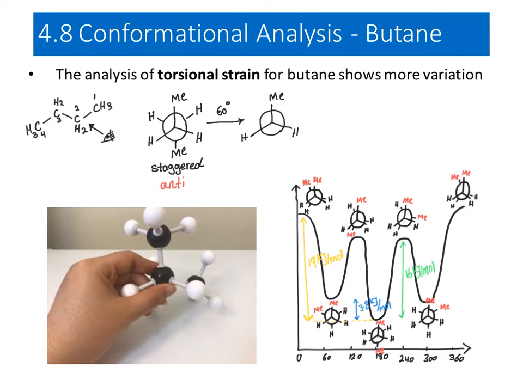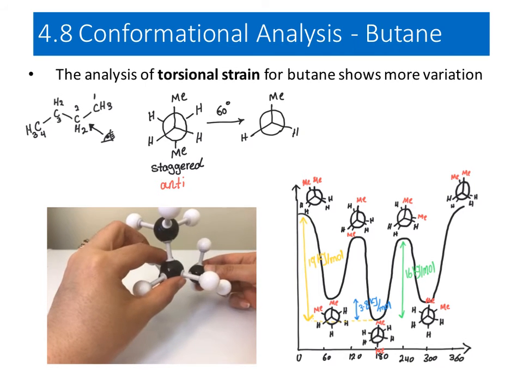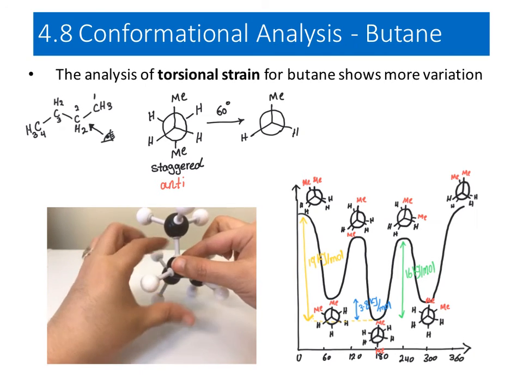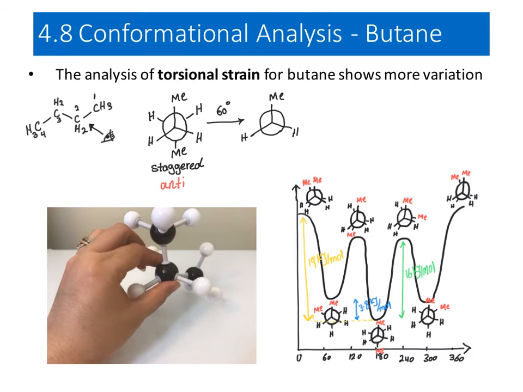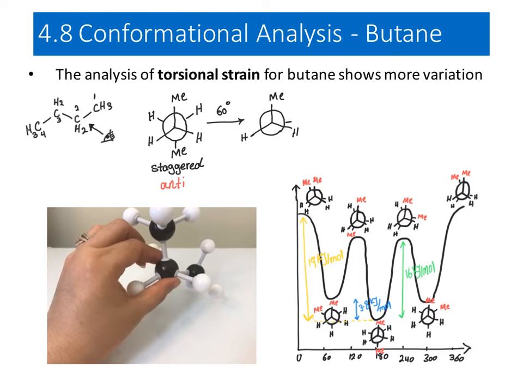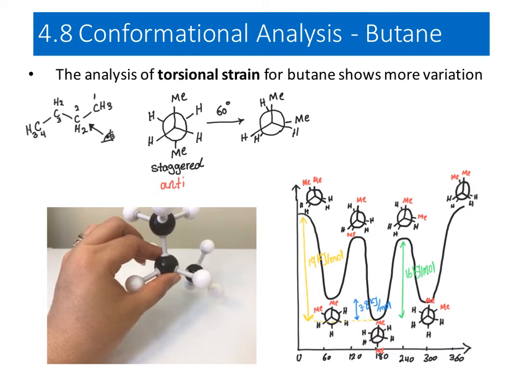And the back carbon, we have methyl group here and 2 hydrogens in here. So this is a methyl group and 2 hydrogens. So in this structure, the groups are eclipsing one another. So this is eclipsed conformation.